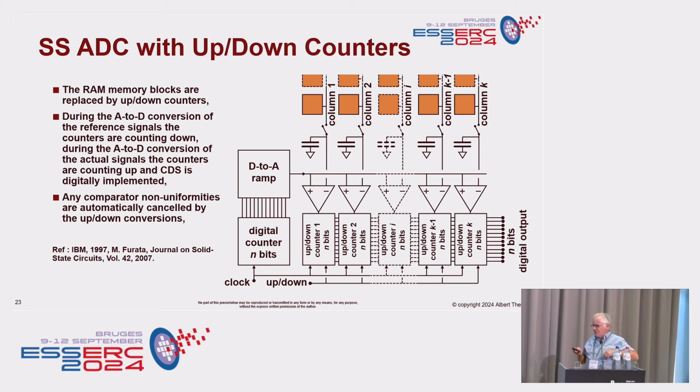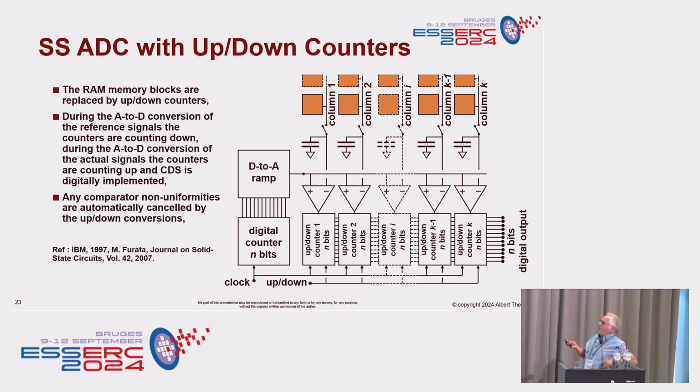And what you do is, remember that I told you earlier, we are applying correlated double sampling, so that you sample your pixel twice. One is without signal, and the other one is with signal. So what you do is you offer over here on these capacitors, first all the column signals without pixel signal, so that you create a kind of a reference.